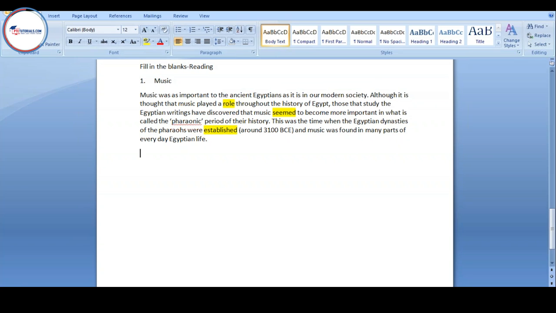After was, I need the third form. In a passive sentence, we always use the third form. Remember, at school we learned change of voice. Voice is what? From active to passive you are going, or vice versa. Whenever you write any passive sentence, that sentence always has the third form of verb.